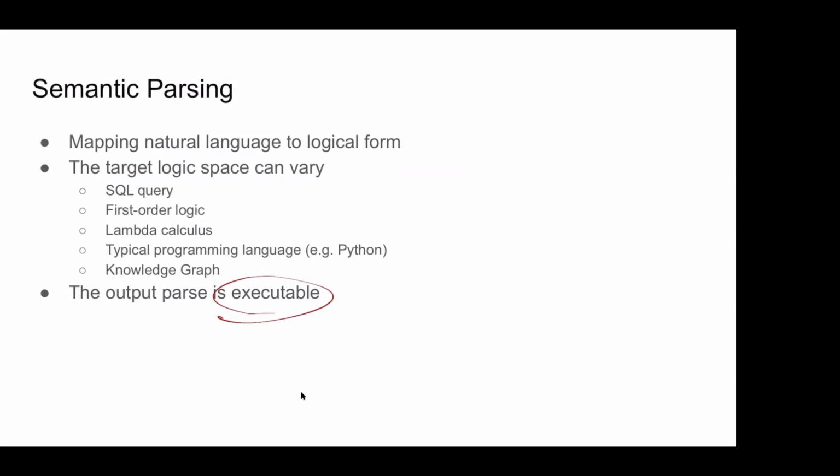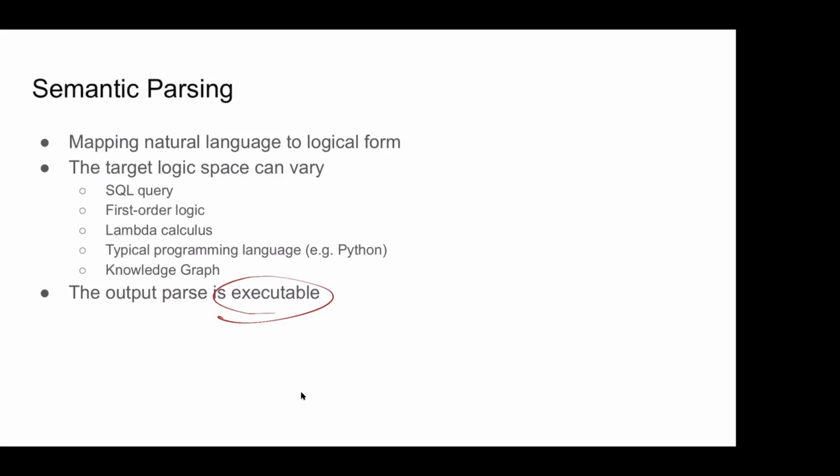And when something is executable, what it means is that the meaning of the sentence is fully defined in that target space. Because otherwise, you cannot execute something. An executable program has everything fully defined formally. So that's exactly the point of semantic parsing, because you have a machine that understands, for instance, SQL queries or some complex logic or programming language, but your input side is natural language by humans.